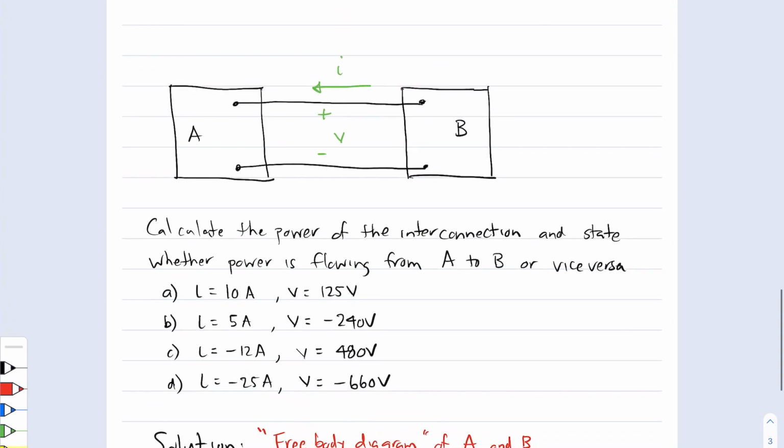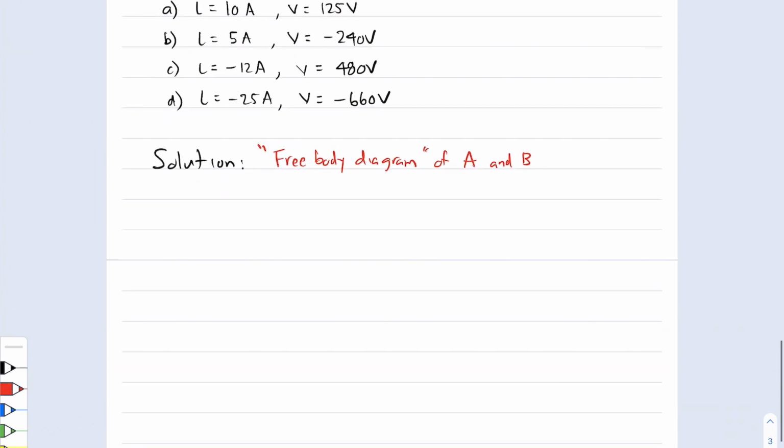So I can kind of cut using an imaginary pair of scissors through those two elements to separate them out, and then investigate what's going on individually with A and B separately. So over here, A itself, with no reference to B, would look something like this.